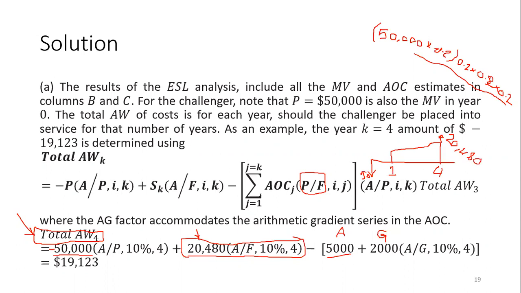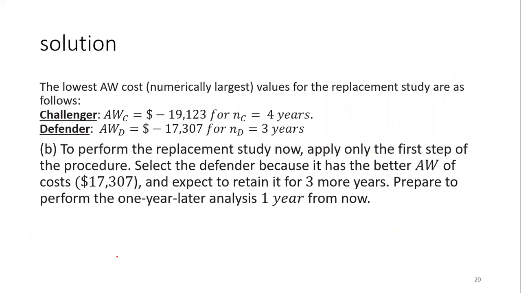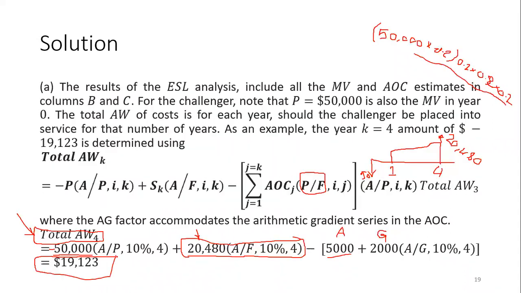And we found that for the fourth year, the cost is 19,123. We estimated everything for the Defender and for the Challenger.